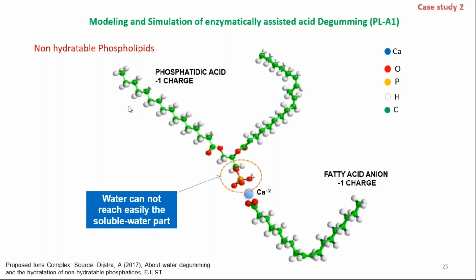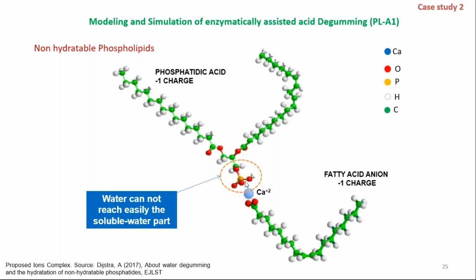Okay, so this way we have, I would say, 3 molecular chains which are strongly soluble in oil. This one, and this one, and this one make the water-soluble part not easily reached.